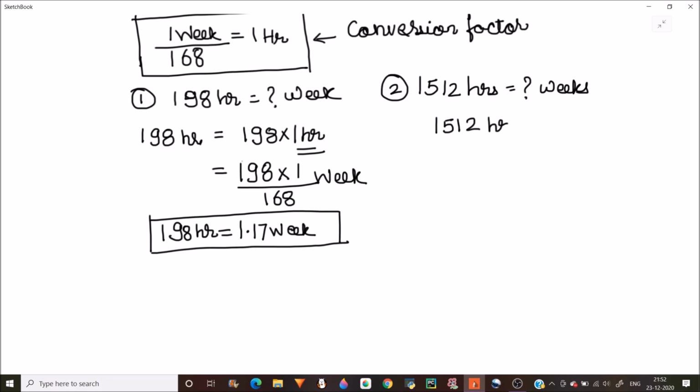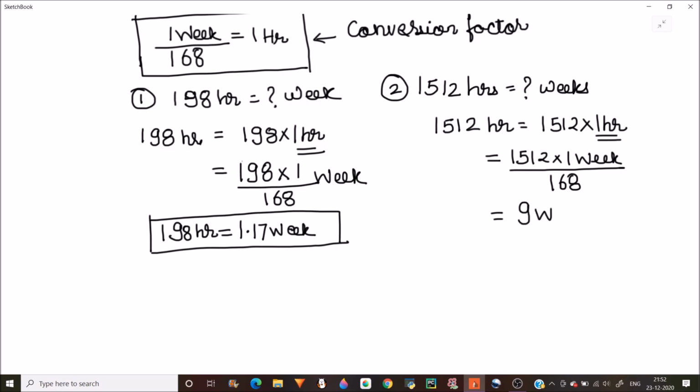We can write 1512 hours as 1512 times 1 hour, and in place of 1 hour we are going to use the conversion factor, which is 1 week over 168. So by solving this, we get the answer as 9 weeks. So 1512 hours is equal to 9 weeks. This is our final answer.